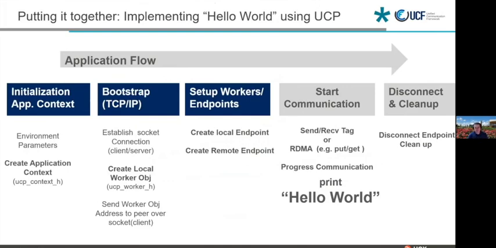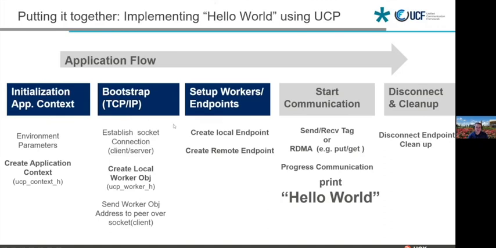So if we wanted to do something like a hello world or a simple kind of server send receive, what we might do initially is we'll create an application context. Then we'll create that local worker object. We'll get the address for that and send that out of band as part of this bootstrap phase.